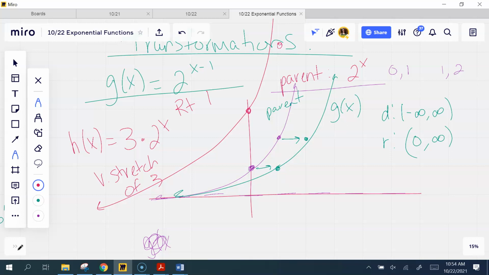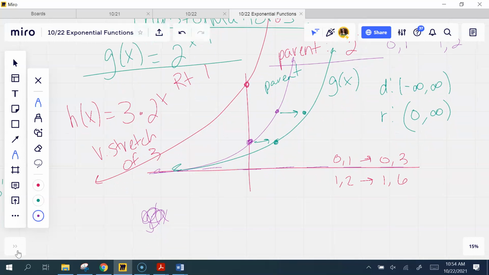So you keep the x the same and you multiply the y by that stretch factor, right? So if it was (0, 1), a stretch of 3 would become (0, 3), and (1, 2) would become (1, 6), because I multiply by that stretch factor. Y'all remember all that? How about domain and range? It's exactly the same, isn't it?